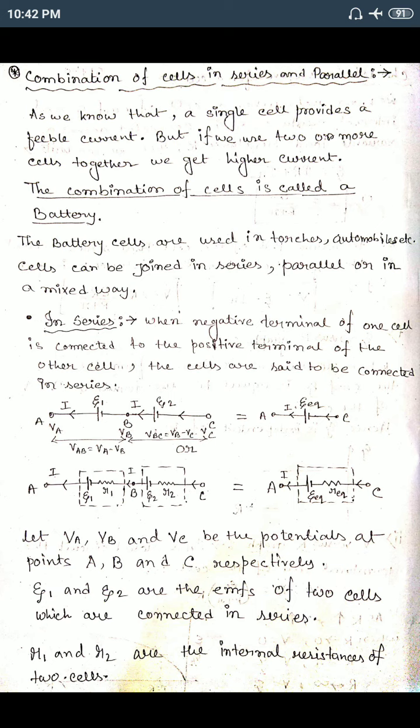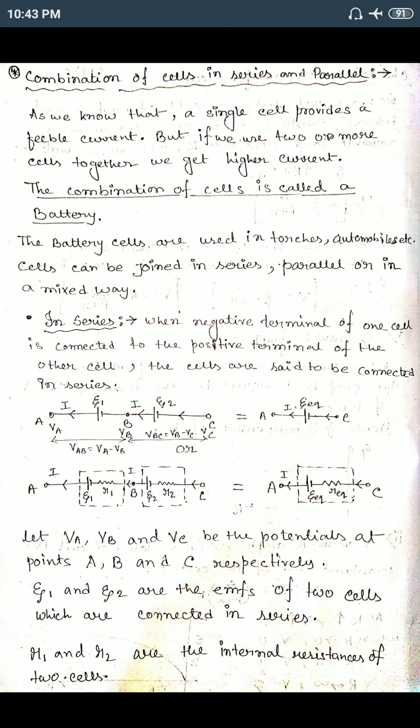So here we use two cells, having EMFs E1 and E2 and internal resistances R1 and R2. A series combination means the first cell's negative terminal is connected to the second cell's positive terminal, an end-to-end connection. For resistances, there is no positive or negative terminal, so we say the last end of one resistance is connected to the first end of another.